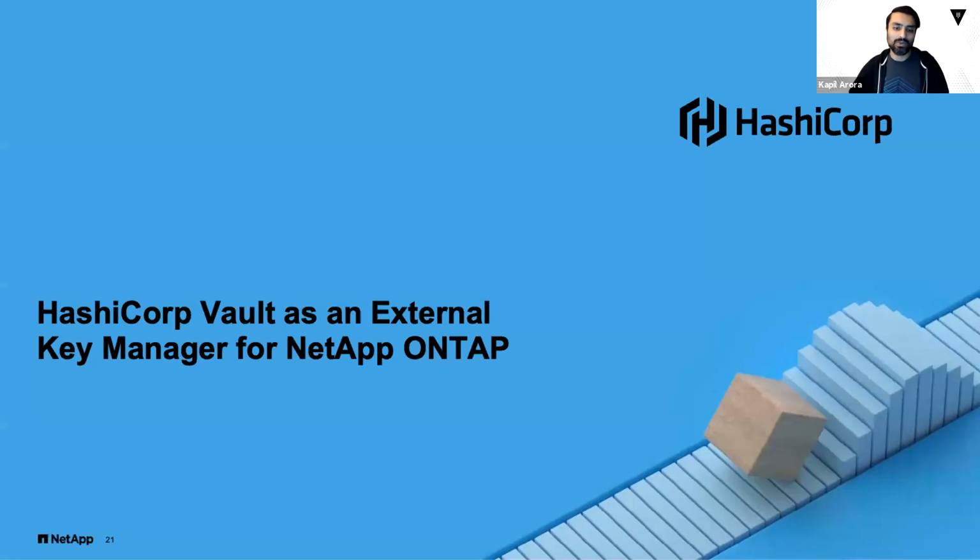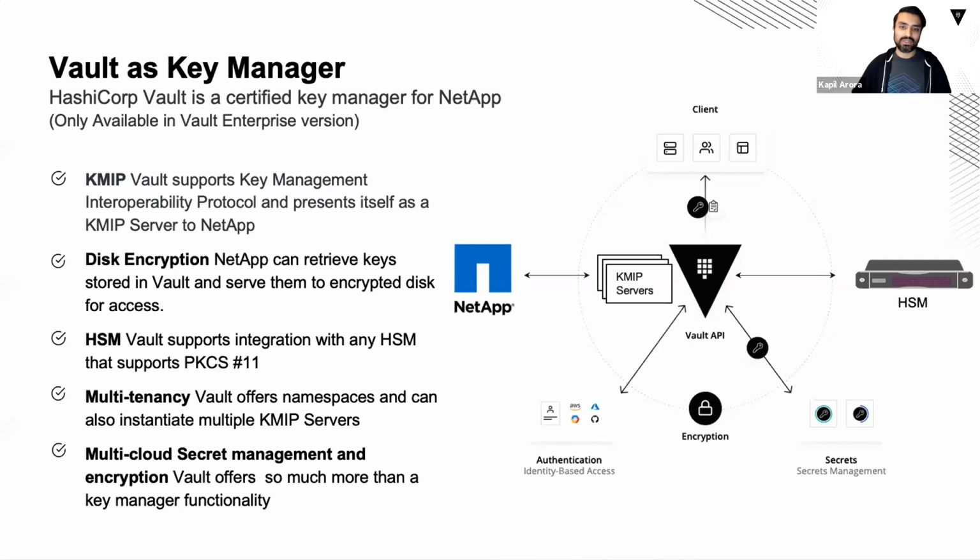All right, now let's go deeper into the topic of external key management with HashiCorp Vault, which is the main use case that we are discussing today. We saw that triangle with clients and secrets, but this is an added use case on top of Vault, where Vault can act as a KMIP server, and one instance of Vault can act as multiple KMIP servers.